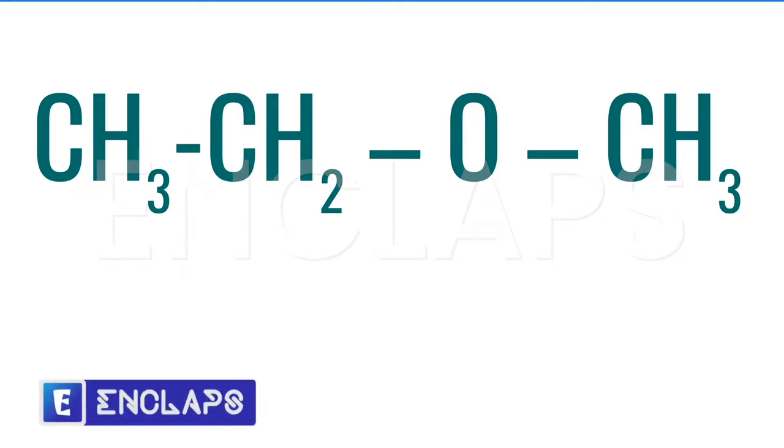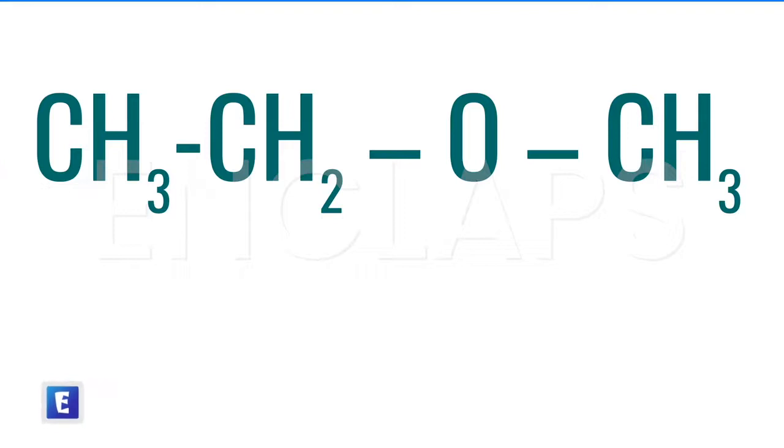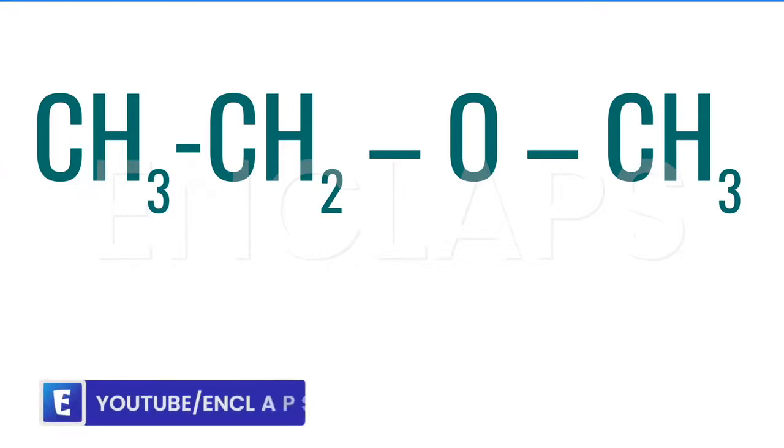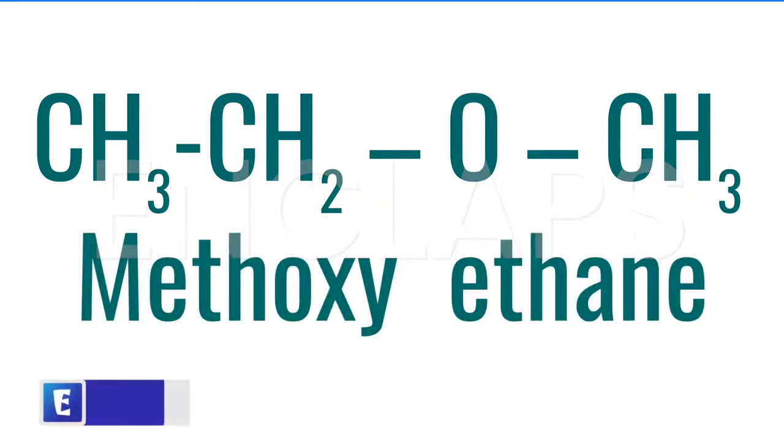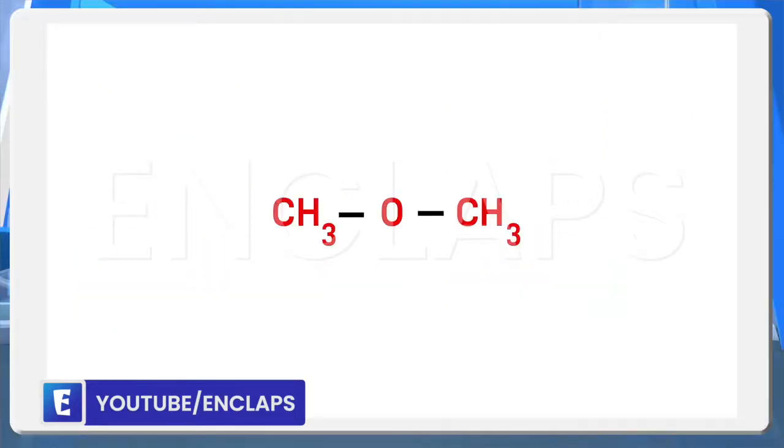Here in CH3, there is 1 carbon atom, so the word root is meth and the alkoxy group is the methoxy group. So the name of this ether is methoxyethane. We have to give the alkoxy name first, then followed by the name of the alkane. So, methoxyethane.